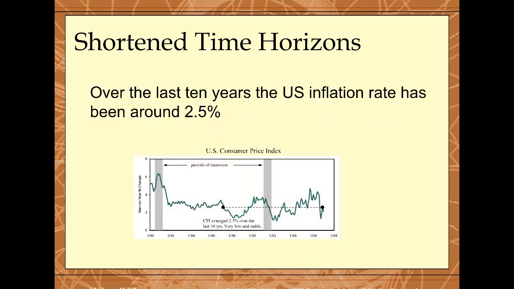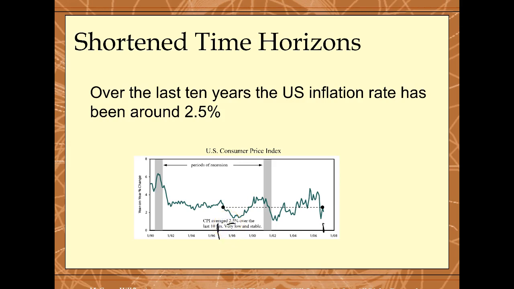So let's look at the United States over time. Here's a brief period covering basically the late 1990s to the late 2000s. As you can see here, on average, prices rose 2.5% every year.